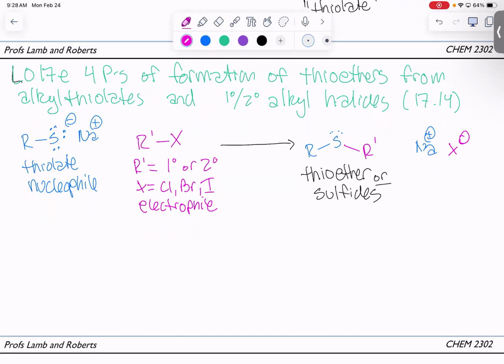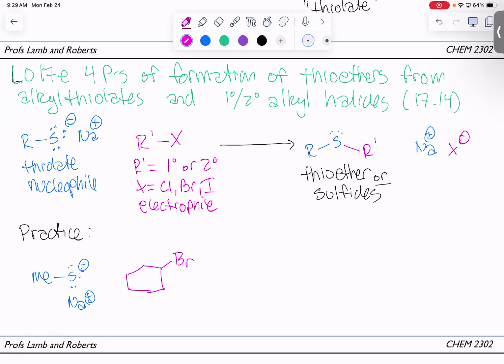Let's do a practice problem and see what this would look like with some actual substituents. Let's say we have methyl sulfide, and let's use a secondary bromide.